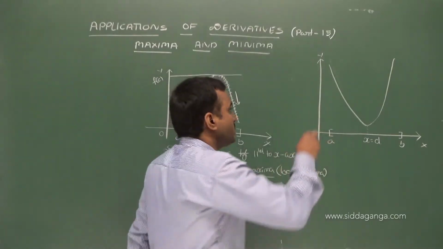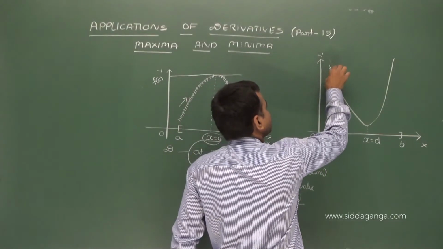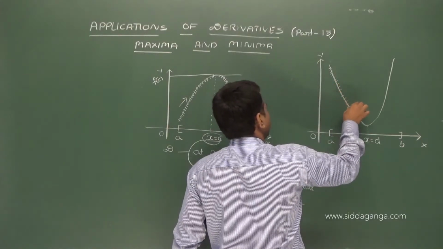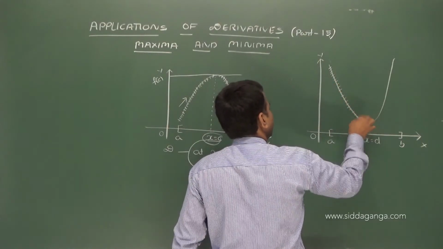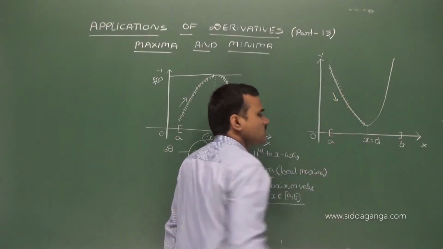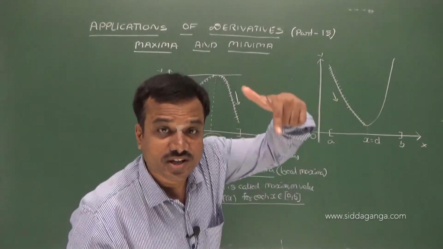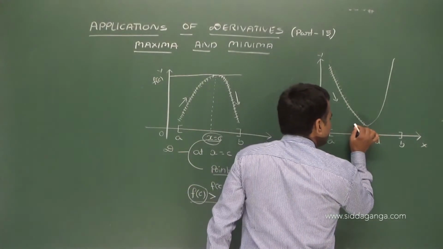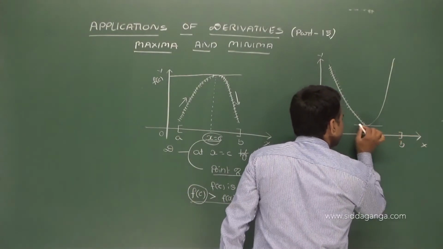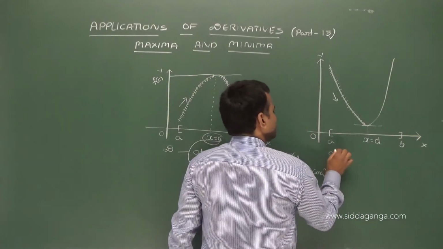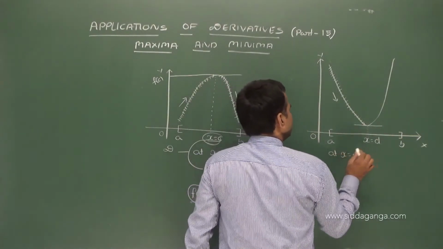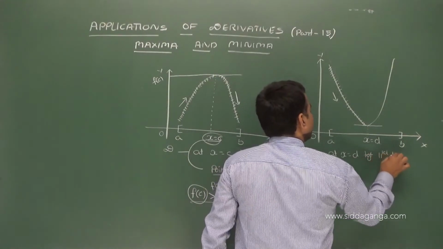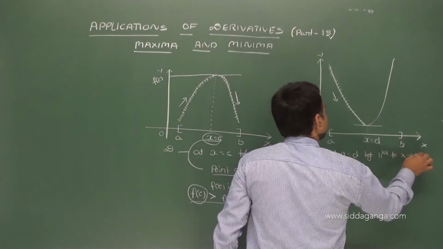Observe this one. Here, for each point the tangent goes on decreasing, and it reaches x is equal to d, where the tangent is parallel to x-axis.